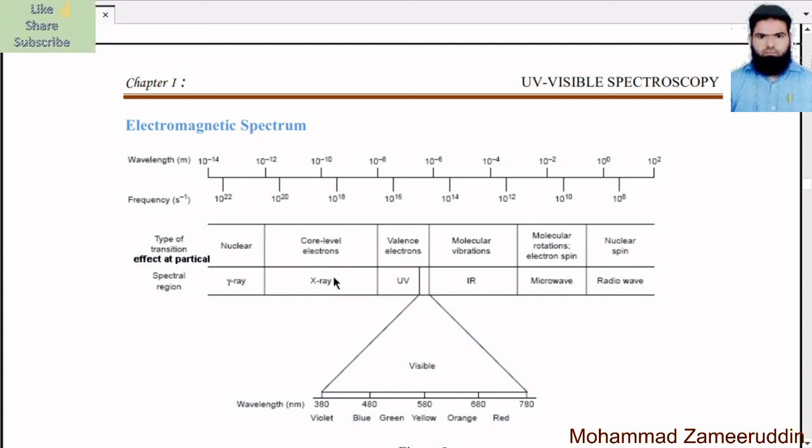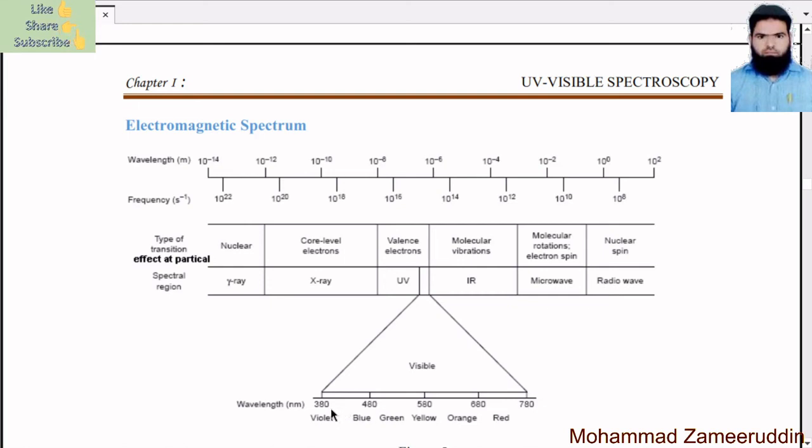Then after X-rays, cosmic rays are there. Then after cosmic rays, ultraviolet radiations are there, and after ultraviolet radiation there is a small fragment of visible light, which starts from 380 nanometer up to 780 nanometer. This value varies in different books and literature.